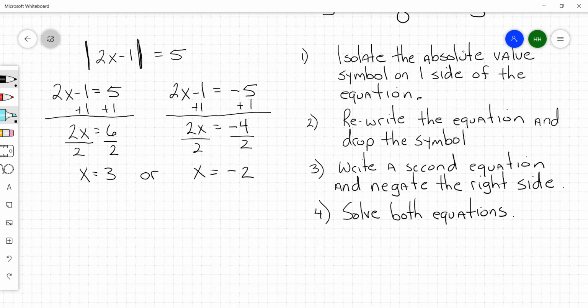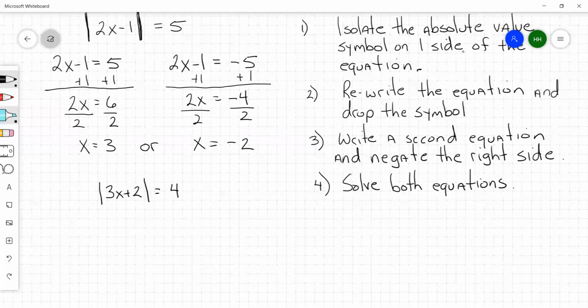All right, let's do another one with the absolute value of 3x plus 2 is equal to 4. Since the absolute value symbol is already by itself, we drop it and rewrite. So we get 3x plus 2 is equal to 4, and 3x plus 2 is equal to negative 4.